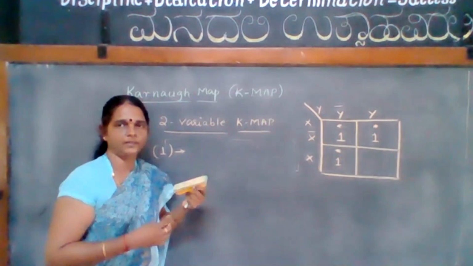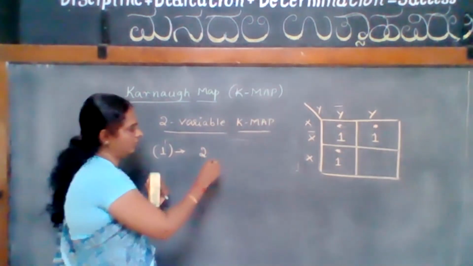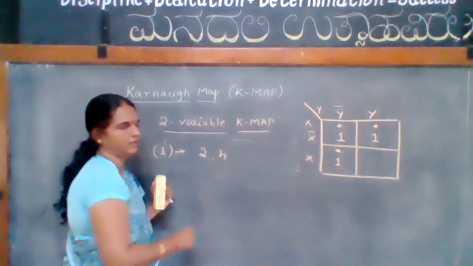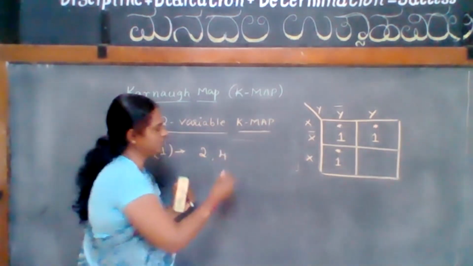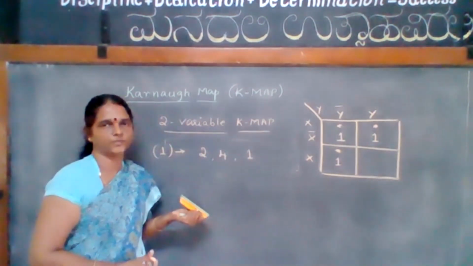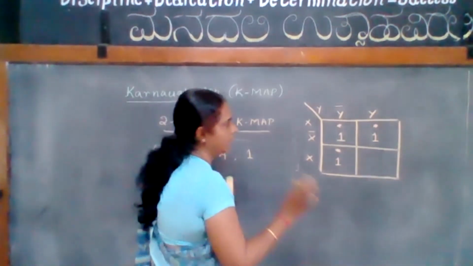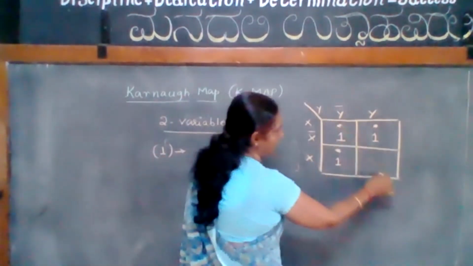While grouping, we can make groups of 2 cells or 4 cells, or sometimes only a single cell may be grouped. And it is not allowed to group diagonally like this.